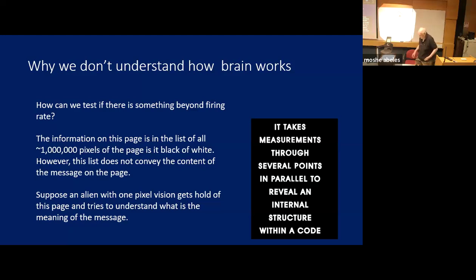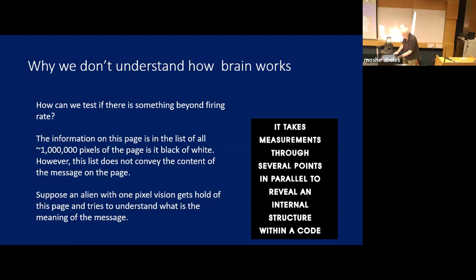What do I mean? Suppose some alien came to Earth, and aliens, as you know, have one pixel vision only. Now this alien is looking at this text. If you look at it with one pixel only, you usually would see a black dot, which means you don't see anything here.